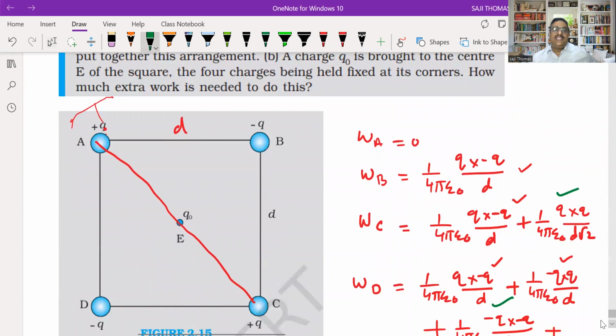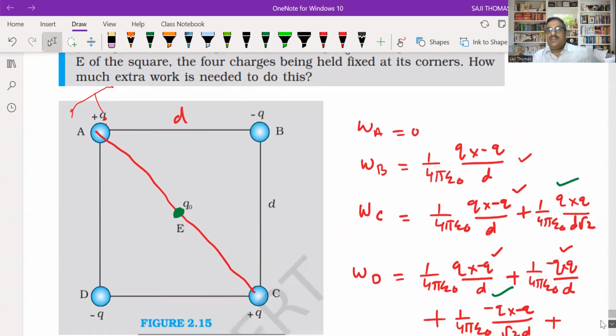Now you are bringing a charge Q0 to the center. And you know the equation for work done. For this, the equation is V into Q. What is that V? Total potential at the center due to all the 4 charges. Okay, so how will you find out the extra work done?